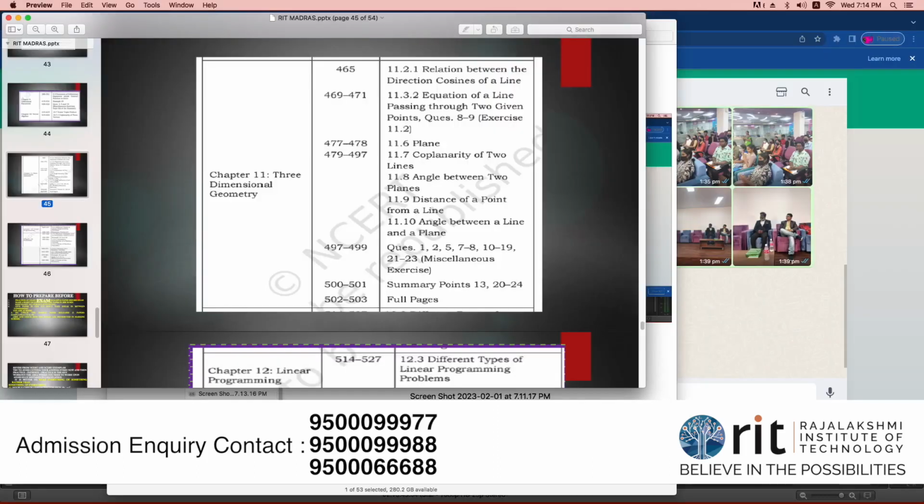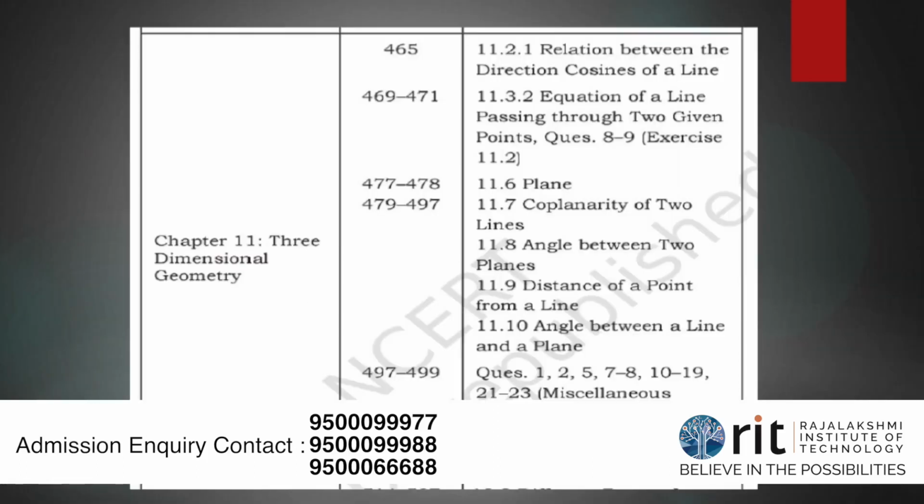Chapter number 11, especially page number 479 to 497, these 20 pages. 11.6, 11.7 coplanarity of two lines, angle between two planes, distance of a point from a line, angle between a line and a plane will not be asked.